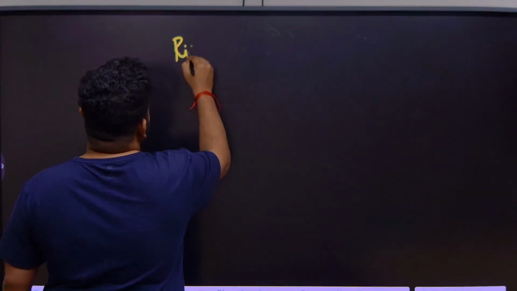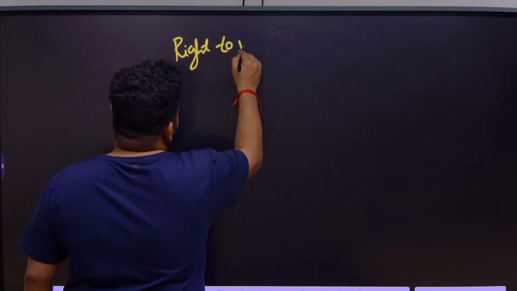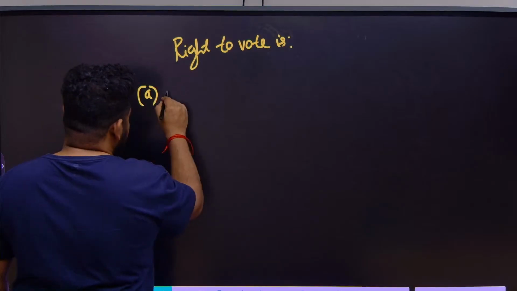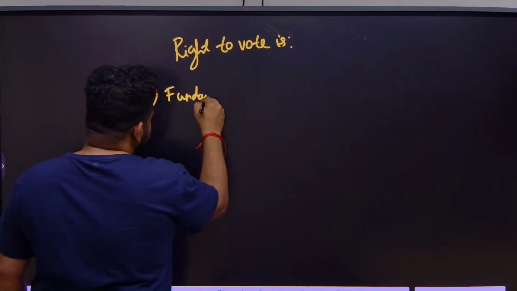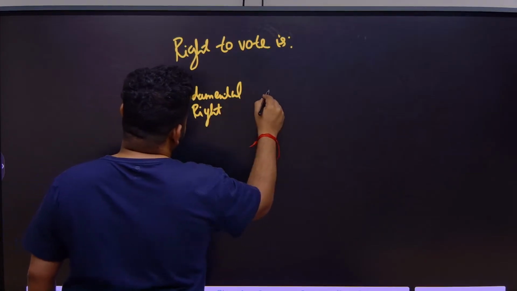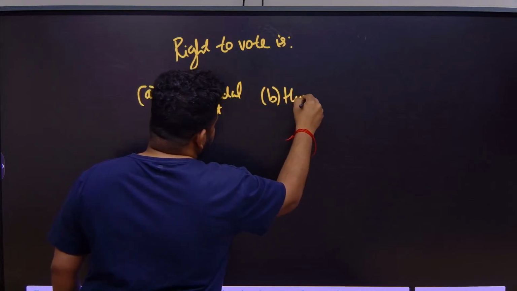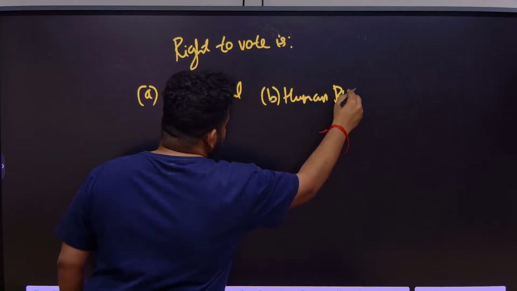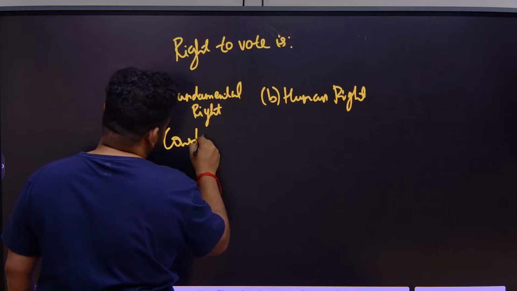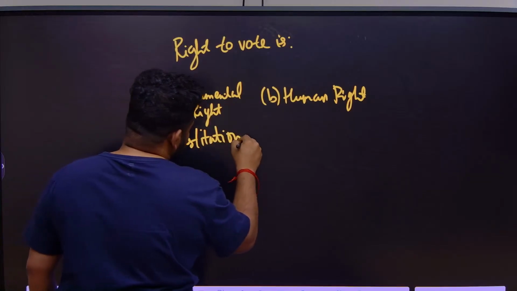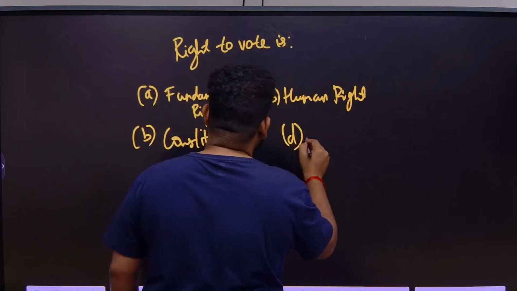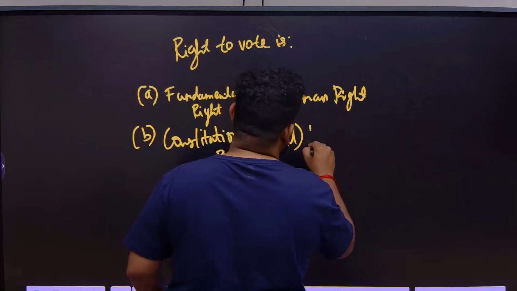If there is a question: right to vote is option A, fundamental right; B, human right; C, constitutional right; D, legal right.